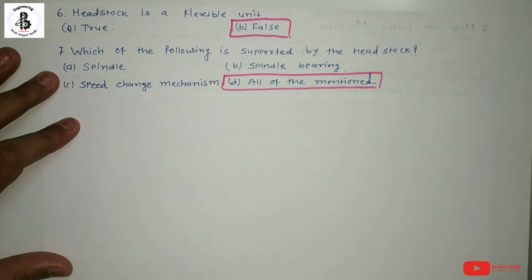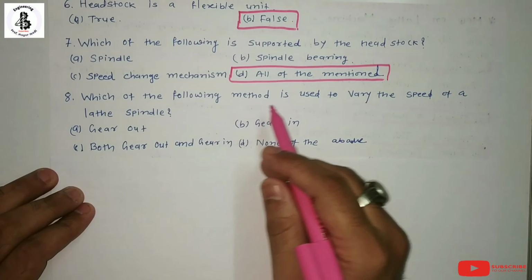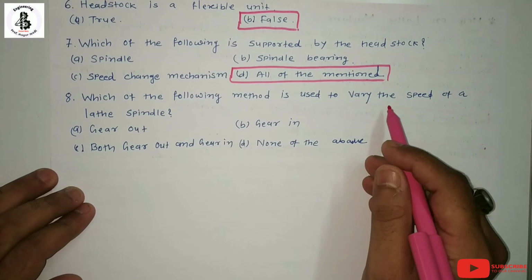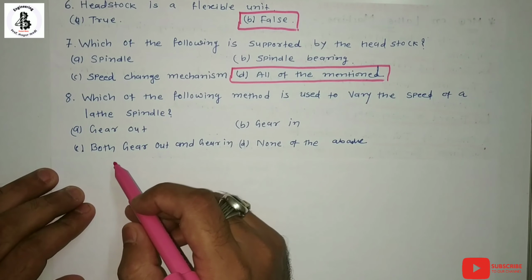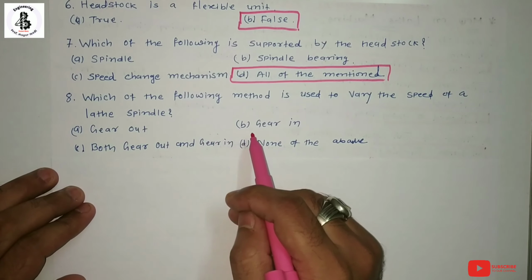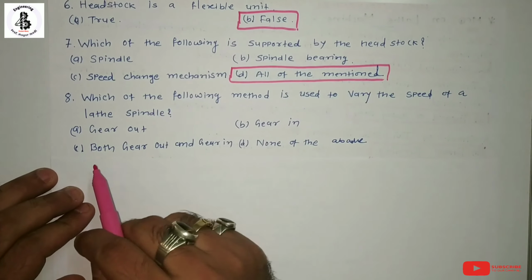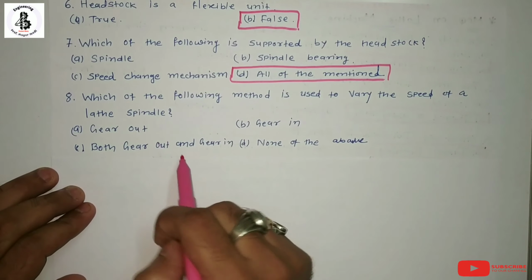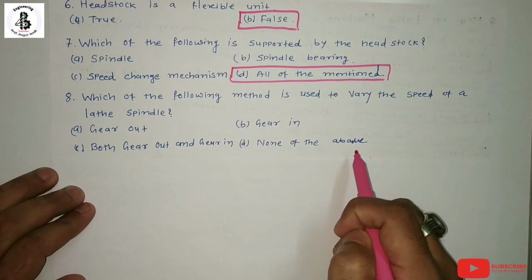Then next question. Which of the following methods is used to vary the speed of the lathe spindle? Option A, gear out. Option B, gear in. Option C, both gear out and gear in, and option D, none of the above.